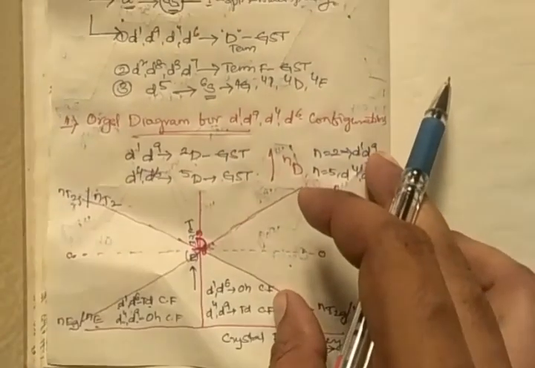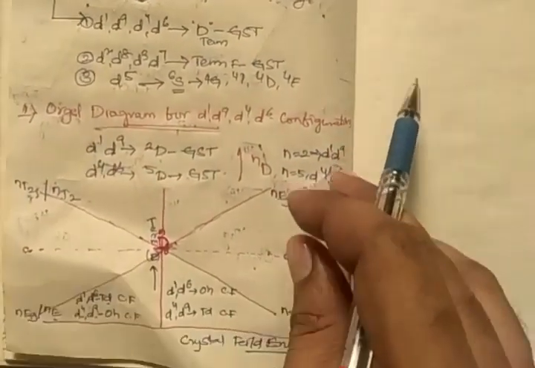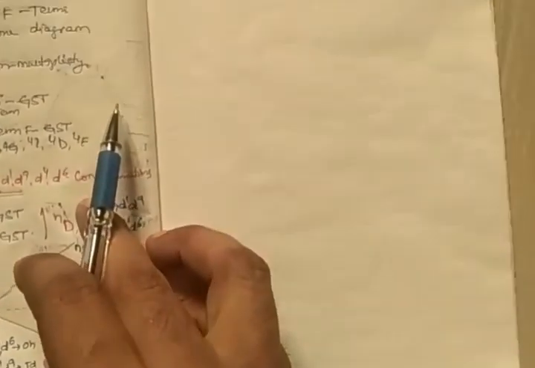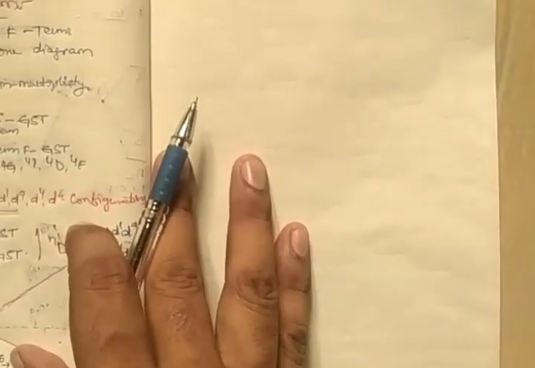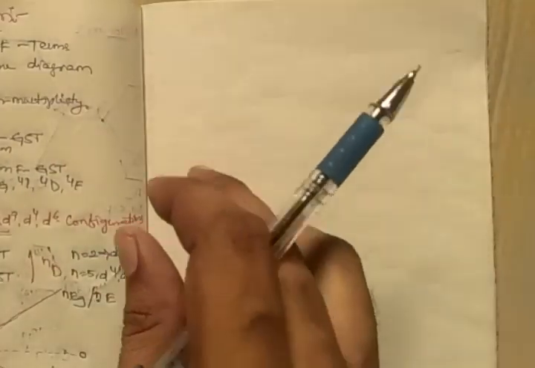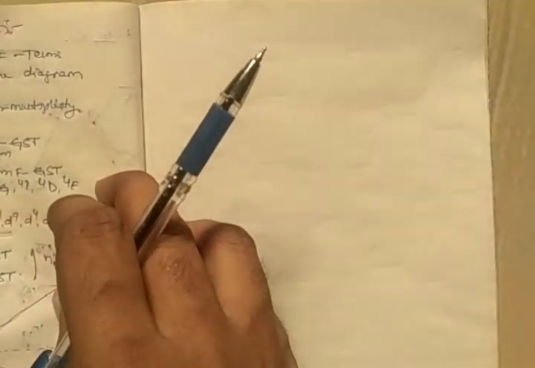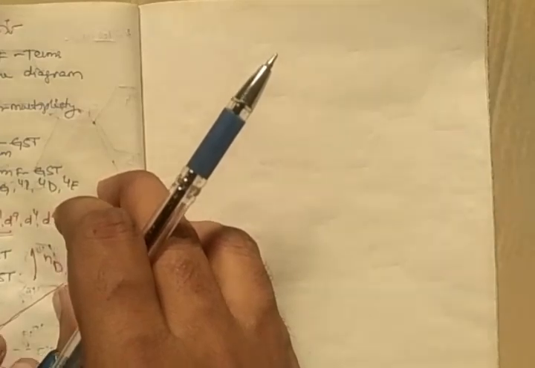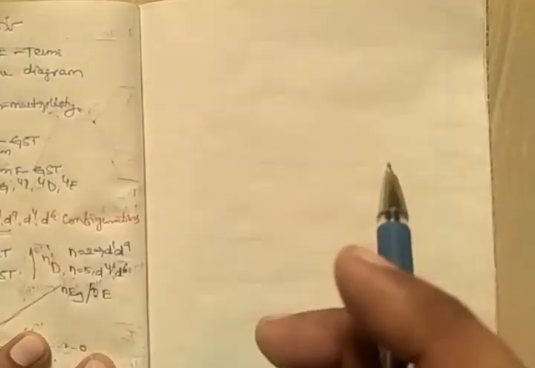This was given by Orgel to simplify and make convenient the splitting patterns of D terms.